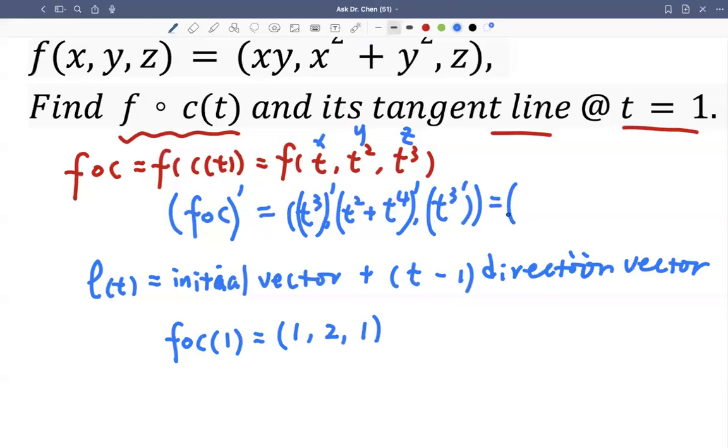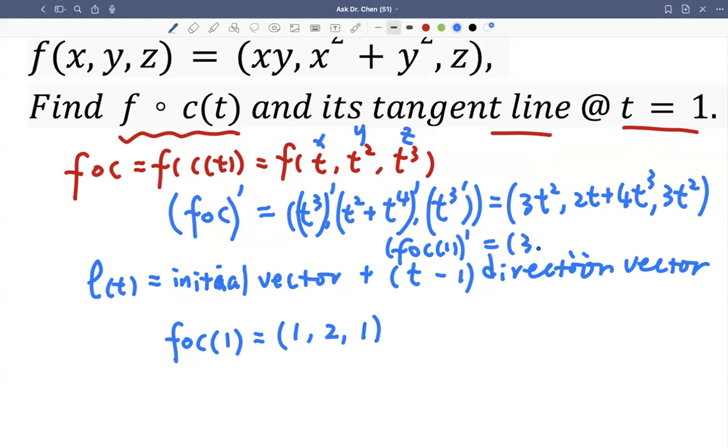The derivative of t cubed is 3t squared, t squared plus t to the fourth power gives 2t plus 4t cubed, and the derivative of t cubed is 3t squared. Evaluating at 1, the velocity vector at t equals 1 will be 3, 2 plus 4 which is 6, and 3. So this would be our direction vector.